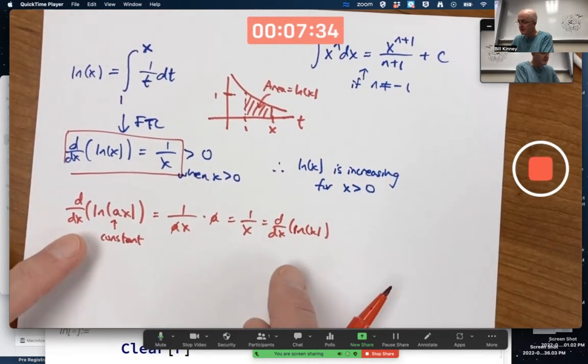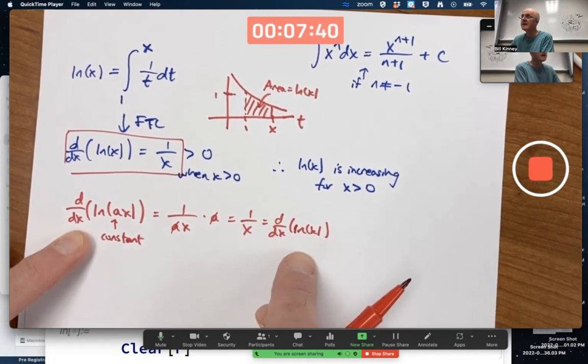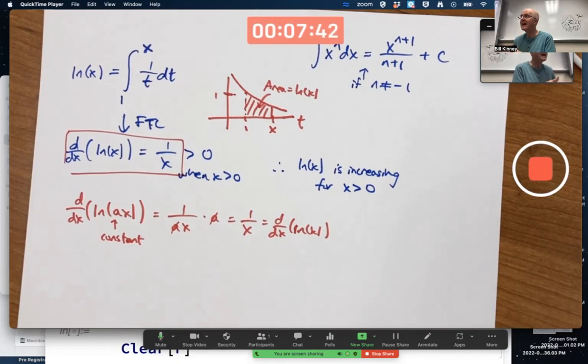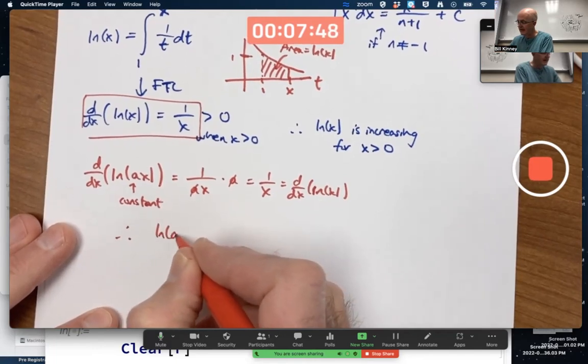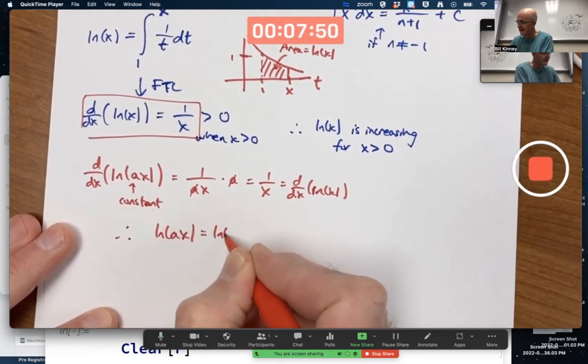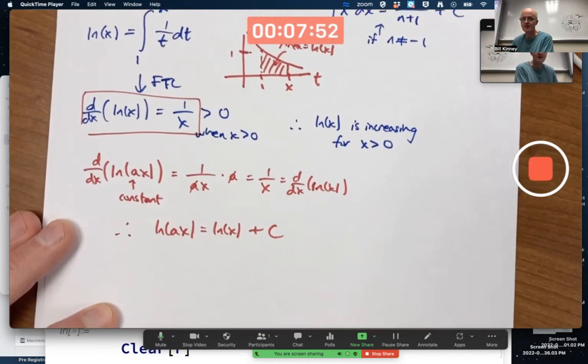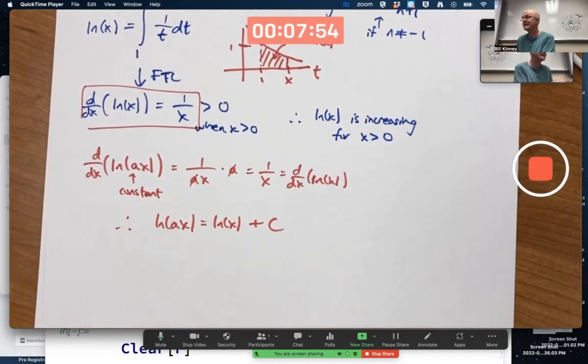So what we have here is that the derivative of natural log of ax equals the derivative of natural log of x. They have the same derivative. Therefore, ln of ax and ln of x differ by a constant. Therefore, ln of ax equals ln of x plus some constant. I could have also written that as ln of ax minus ln of x equals a constant.